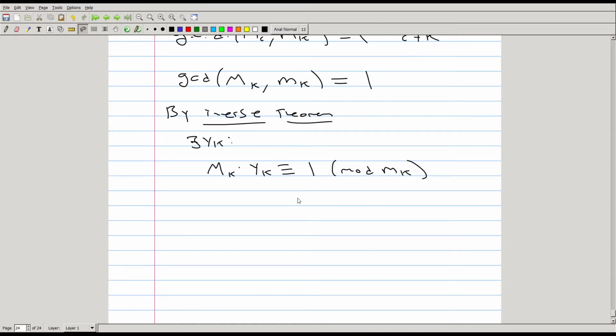And to construct our solution then, x, what we're going to do is add up the linear combination a1 M1 y1 plus a2 M2 y2 all the way up to an Mn yn.